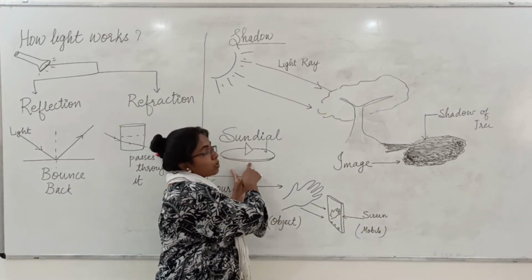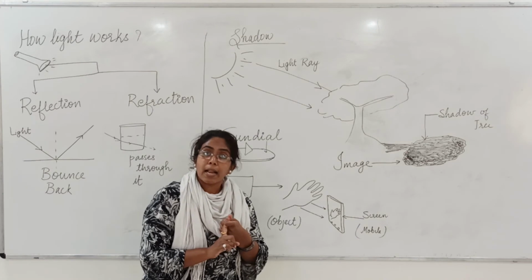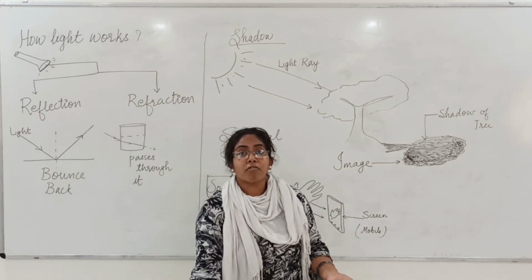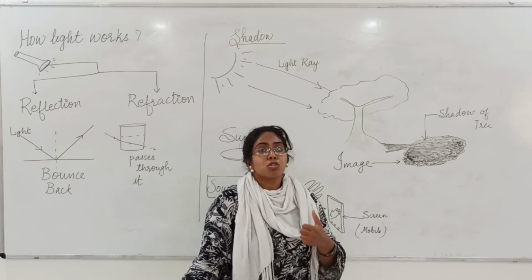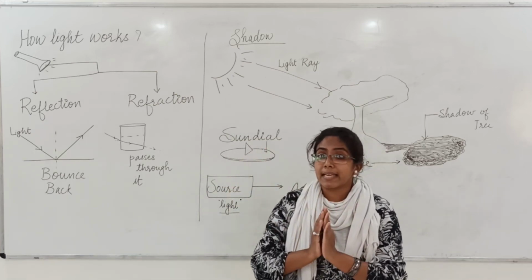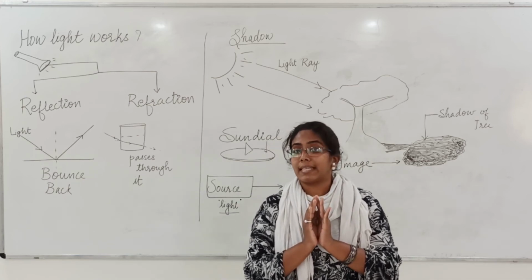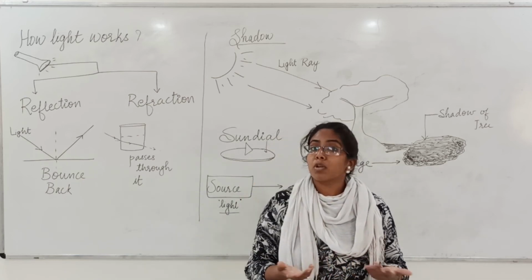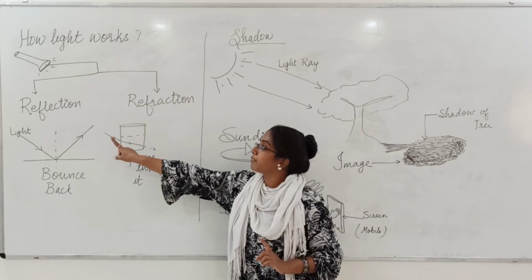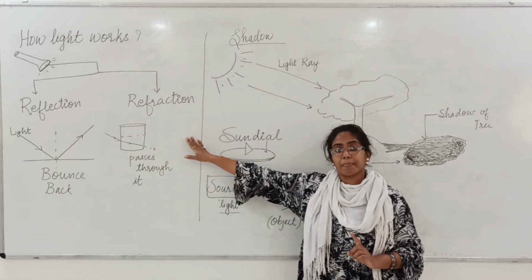So the sundial was a device which helped to identify the time with the help of shadow. We have learned that light helps us see the objects around us, and it has two types, reflection and refraction.